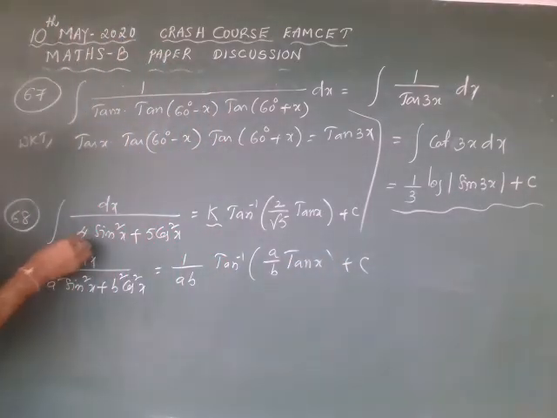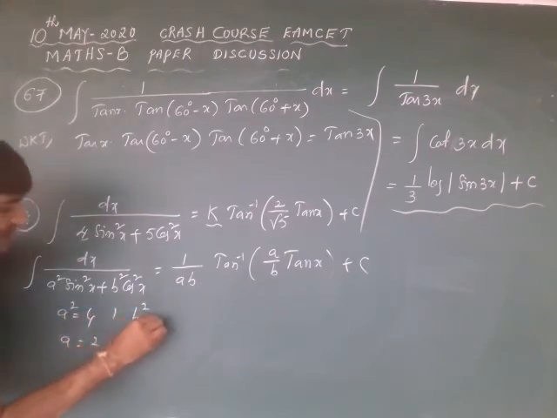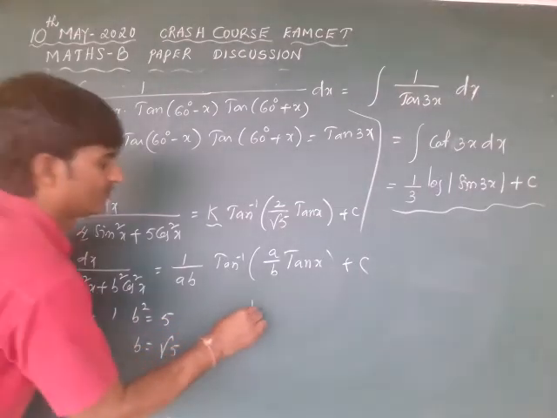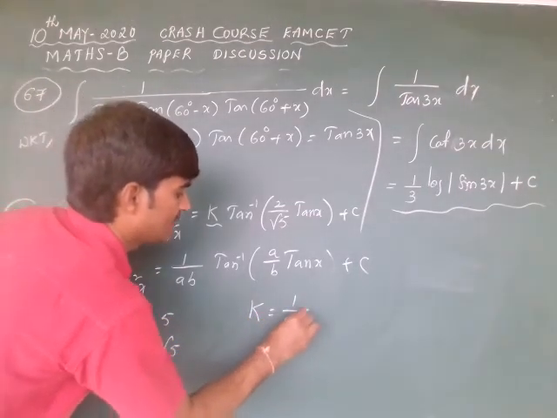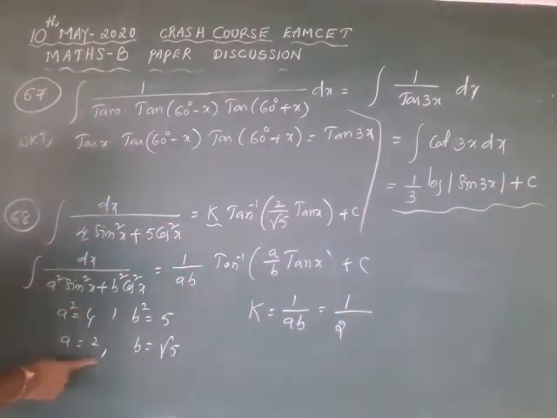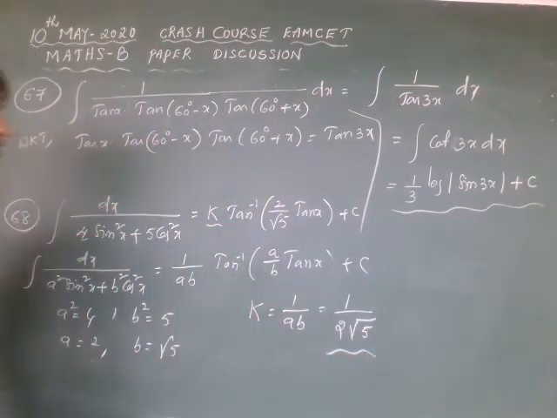Comparing the values, a square is equal to 4, from that a is equal to 2, b square is equal to 5, b is equals to root 5, hence k is equals to 1 by a into b, a means 2, b means root 5, hence k is equals to 1 by 2 root 5.